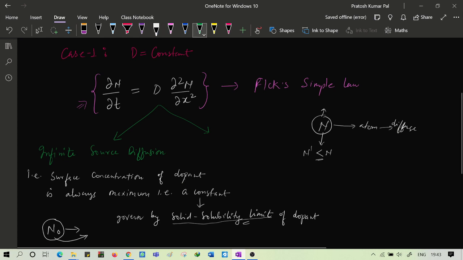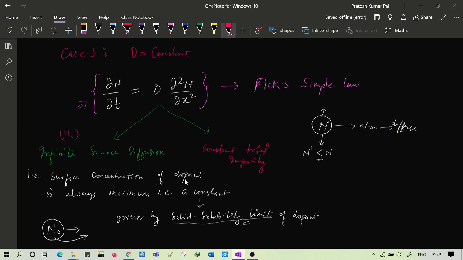The second part is constant total impurity. What is the difference? In the infinite source case, the dopant has the highest concentration N0, and even if some dopant atoms have diffused, the concentration will always be N0.